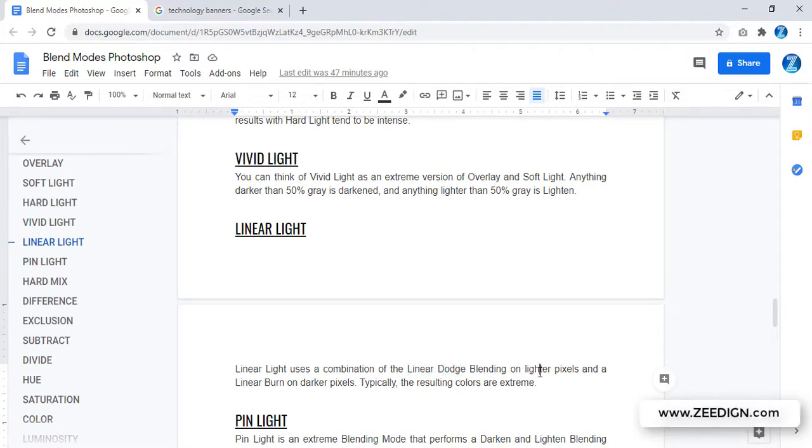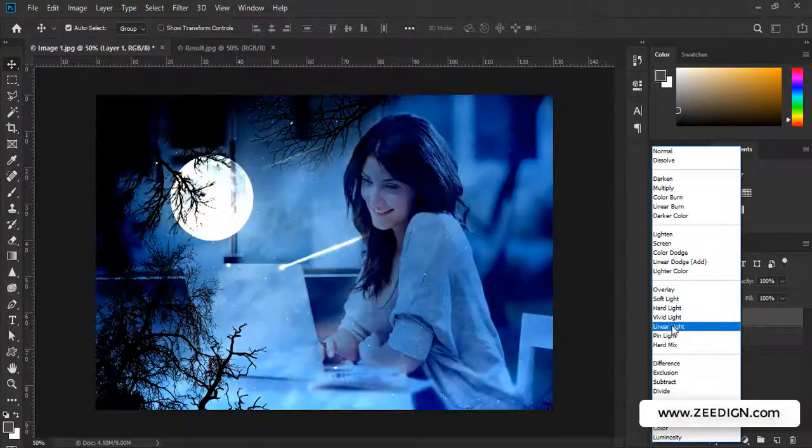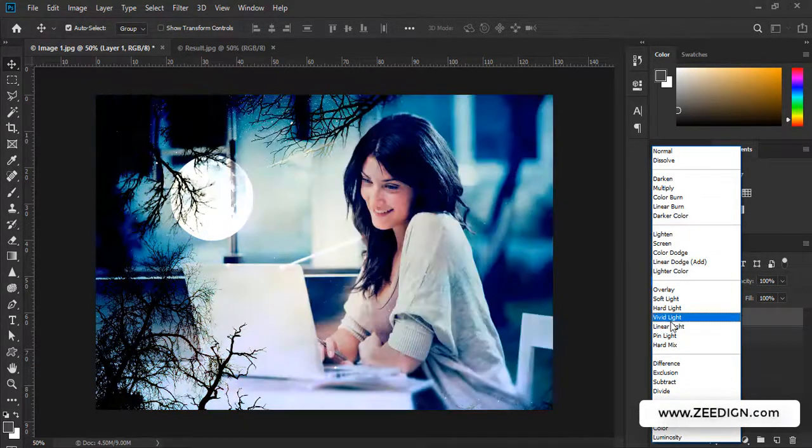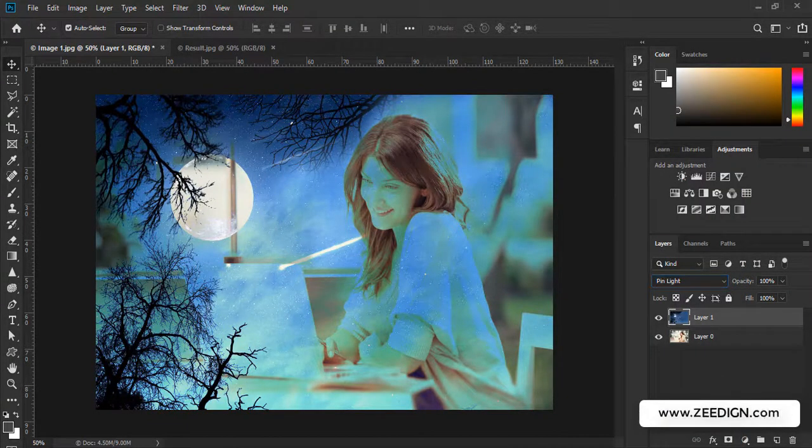The lighter pixels will get linear dodge, and the ones which are darker than some particular threshold value will get linear burn implemented on them. So typically the resulting colors are quite extreme. So let's see how extreme they are. Linear light. Yeah, see, linear light is more extreme as compared to vivid light or even hard light.